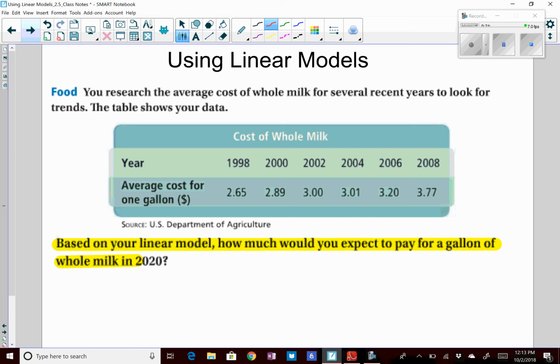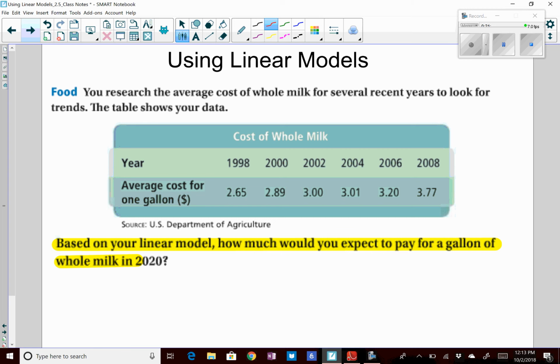The prices, $2.65, $2.89, $3, $3.01, $3.20, and $3.77. Okay, review them, make sure everything is entered okay.